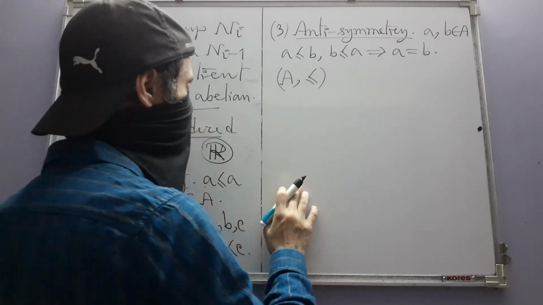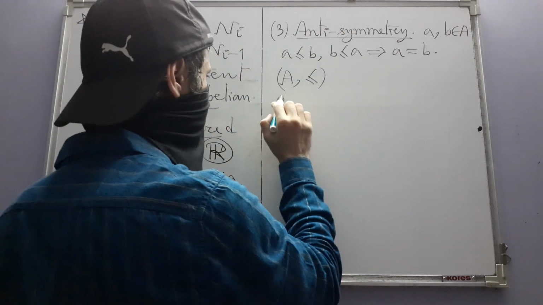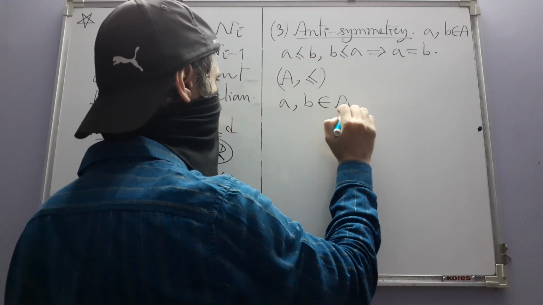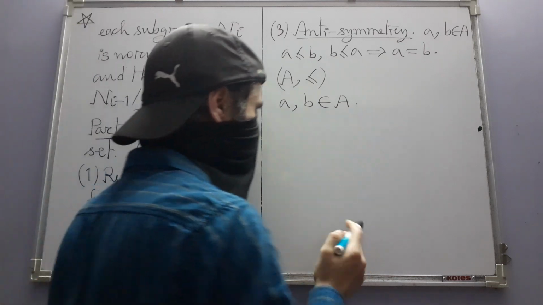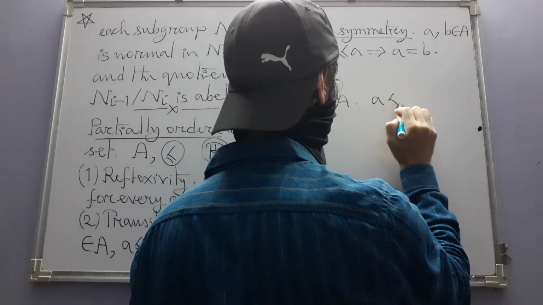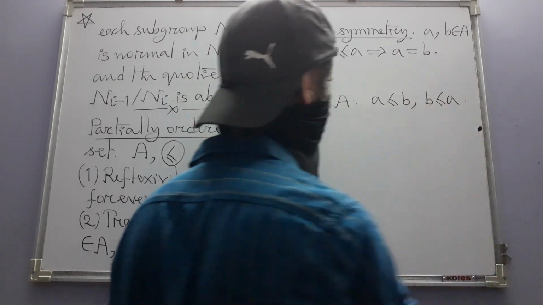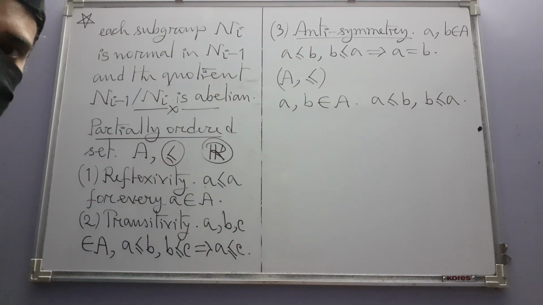In other words, say you have this partially ordered set and you take arbitrarily A and B in A. Then there is no reason to have either this or this. You may have neither of them true for a specific choice of A and B.